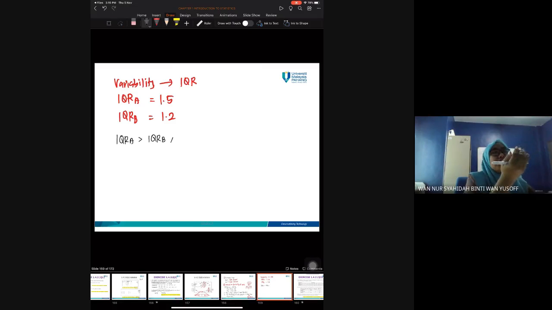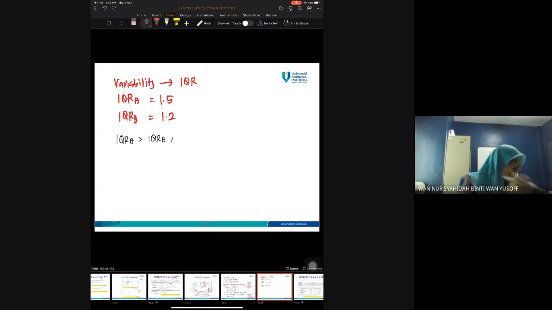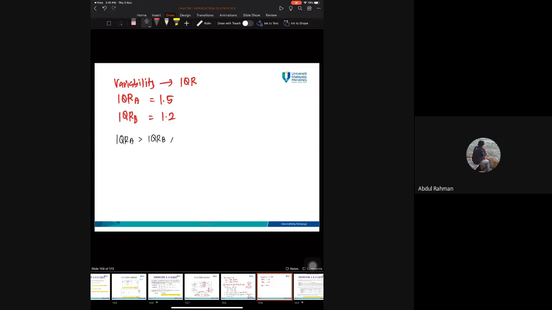We are going to talk about consistency of the data. What can we say about the consistency based on the IQR here? Which one is more consistent? B.